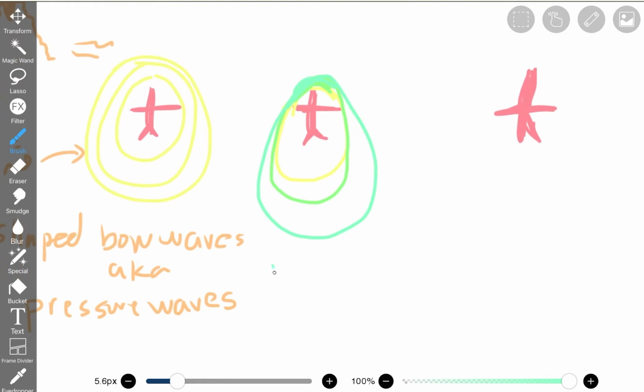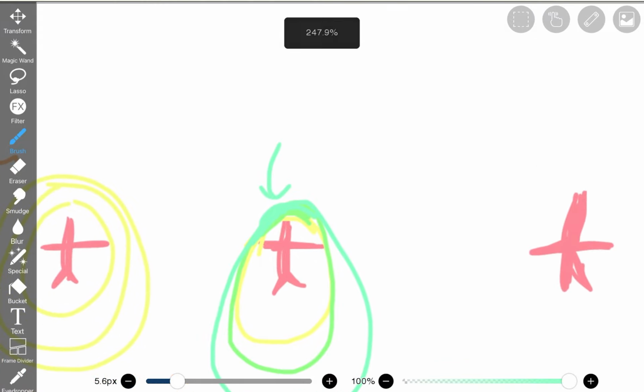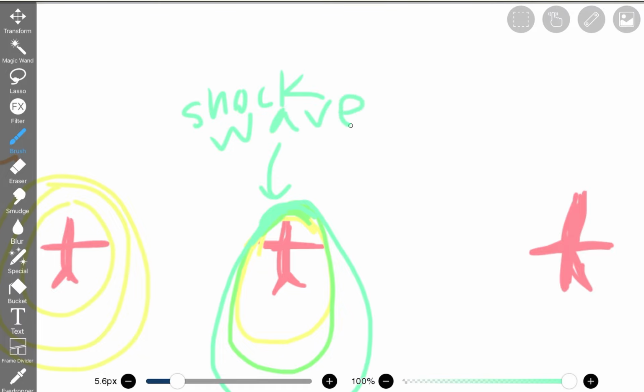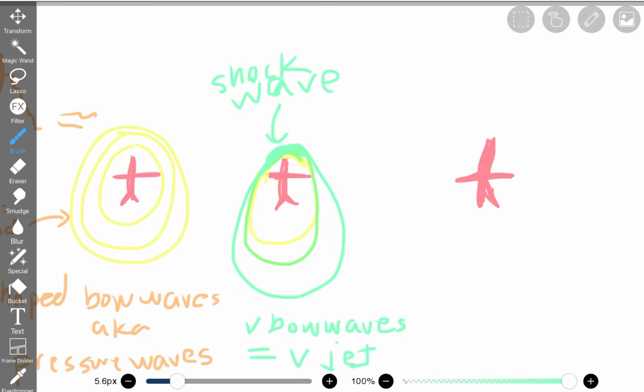Okay, so let's jot that down. The speed of bow waves or pressure waves is going to equal the speed of the jet. And they're going to be produced from the same location, and this location is the shock wave. The shock wave is going to be there even when it's at supersonic speed.